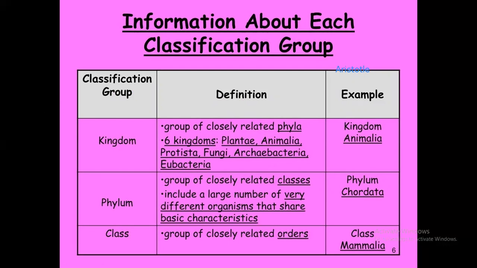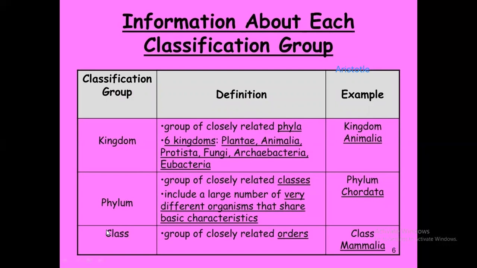So there is some information about each classification group. The first one, the most diverse, is kingdom, which is defined as the group of closely related phyla. There are 6 kingdoms: Plantae, Animalia, Protista, Fungi, Archaebacteria, and Eubacteria. For example, kingdom Animalia.